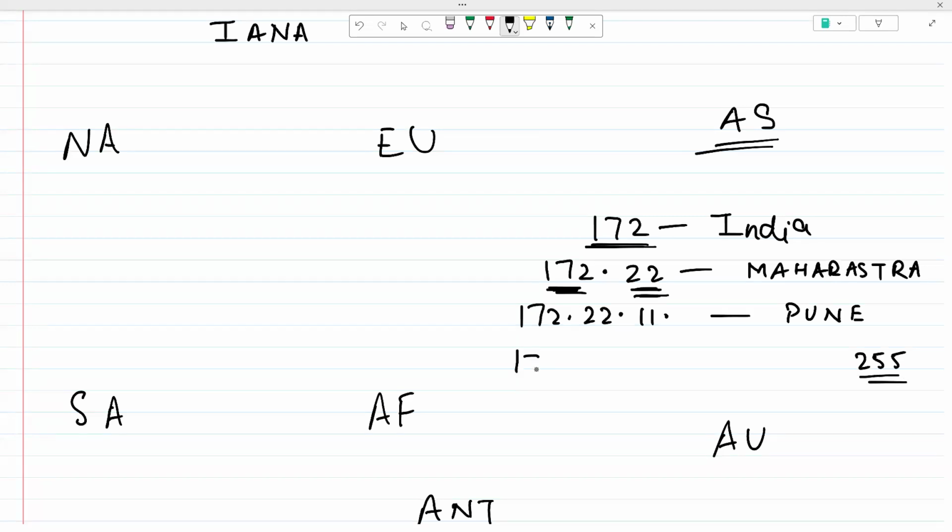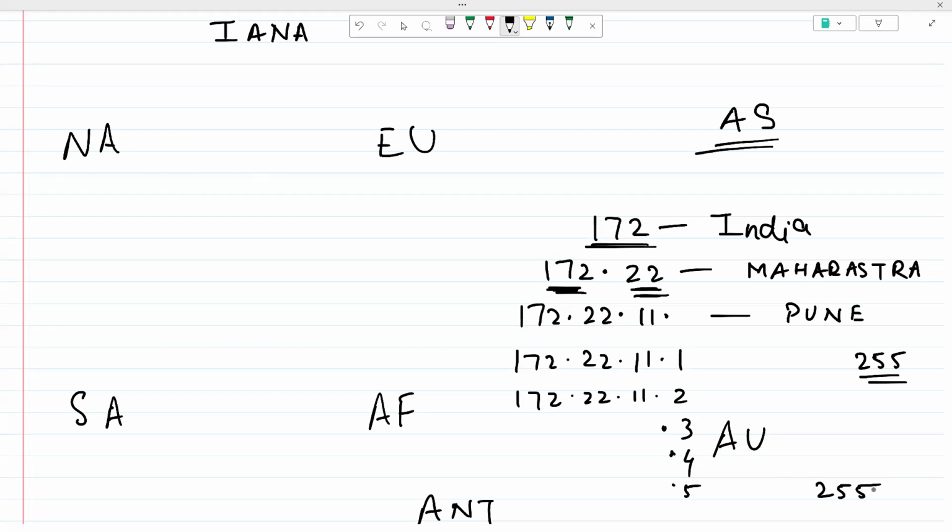The first person in Pune will get an IP address of 172.22.11.1. The second person in Pune will get 172.22.11.2. The third person will get .3, fourth .4, .5, like that up till 255. So 255 people in Pune are now getting IP addresses from 1, 2, 3, 4, 5.